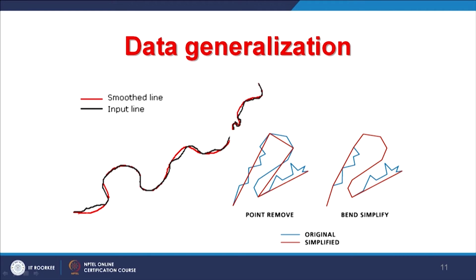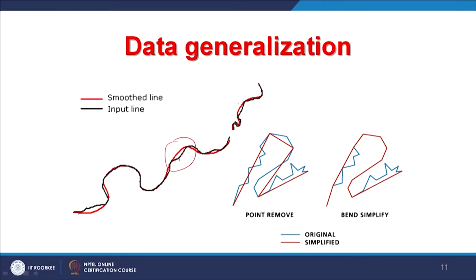When you make a smoothened line, you are removing certain errors and some nodes or internodes from your polyline, and as you can see, the black polyline has become like the red line. So if there were many nodes here, they have all disappeared and you now have only a curved line. So generalization may smoothen your polylines.